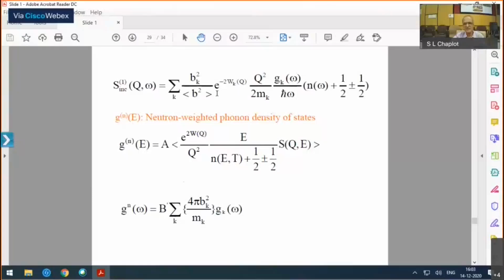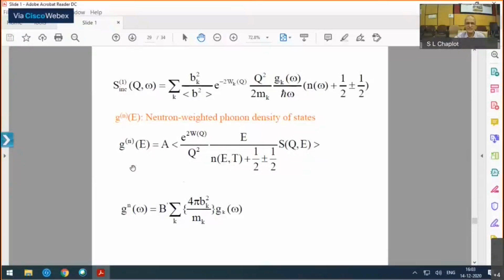Same thing if you measure by any other technique, say for example with X-rays, it will be weighted by the X-ray form factors of the elements and so on. So it's not a unique experimental quantity, but strongly depends on what is the probe that is used to make these measurements. So one can make these corrections here.